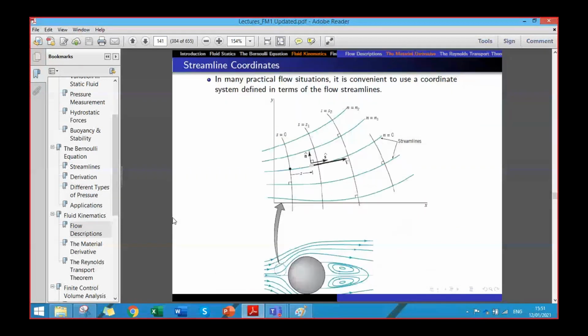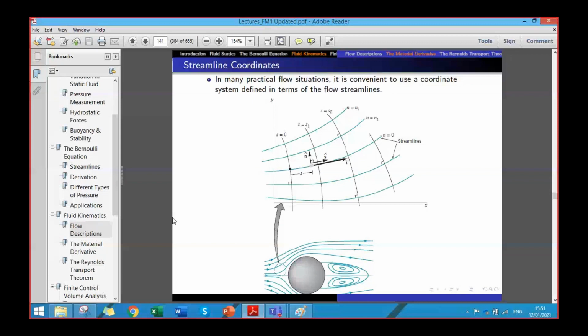Moving on to today's topics. Once again, we will discuss the streamline coordinates, and the effect of the streamline coordinates on the acceleration. That is, how acceleration varies, because we know that we calculate acceleration from the total derivative. Till this point we have been using the normal x, y, z coordinates.